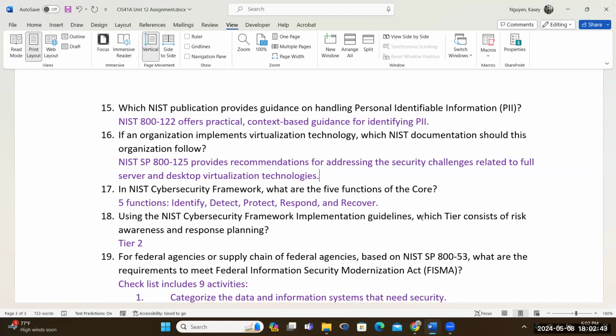So the functions in the cybersecurity framework: we need to identify, detect, protect, respond, and recover. Meaning that we need to identify vulnerabilities, threats, and risks. We need to detect threats, vulnerabilities, and risks, right? We need to protect our system by reducing or mitigating the risk.